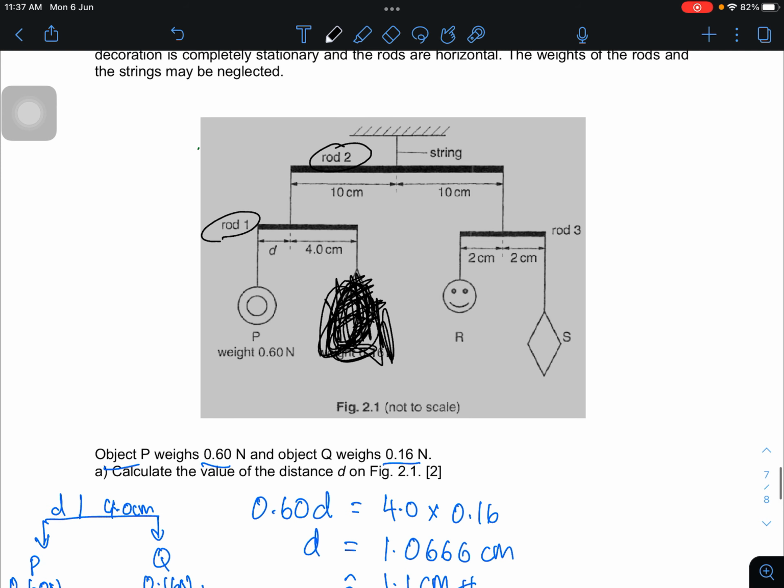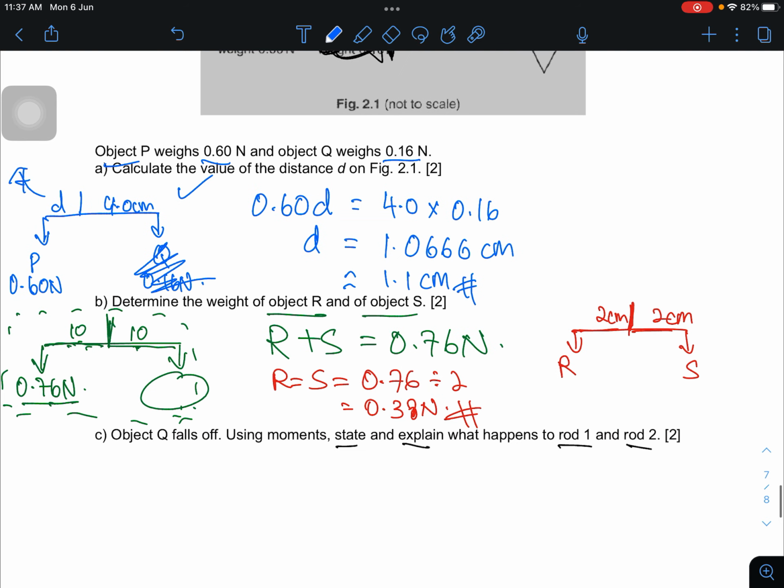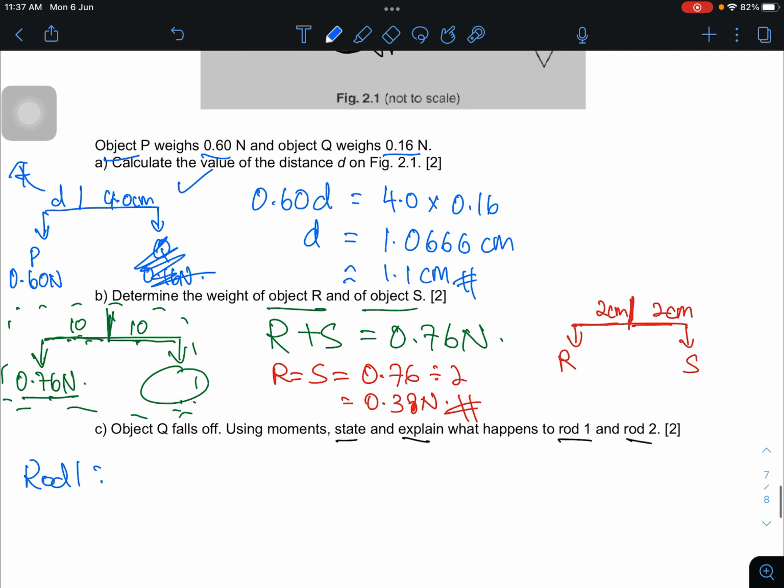Let's take a look at rod 1. Rod 1 is here, this system. My Q is no longer around. What do you think will happen to the system? Rod 1, we just tell them that rod 1 will turn in what direction?